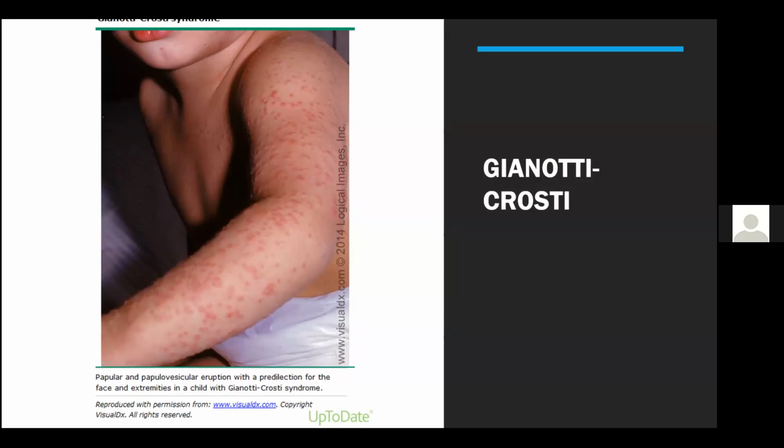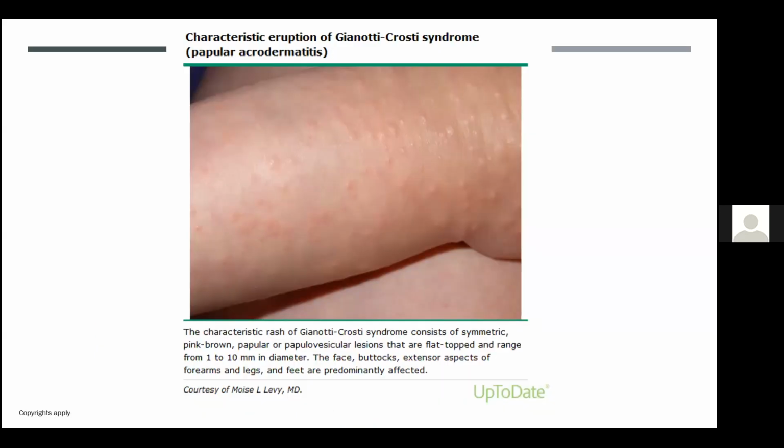Classic sites of involvement include the cheeks, buttocks, and extensor surfaces of the forearms and legs. It can be intensely pruritic, or it can be asymptomatic. The papules typically resolve within 4 to 10 days, but usually within 2 months, though it can persist for longer. Here's another picture of the characteristic rash.